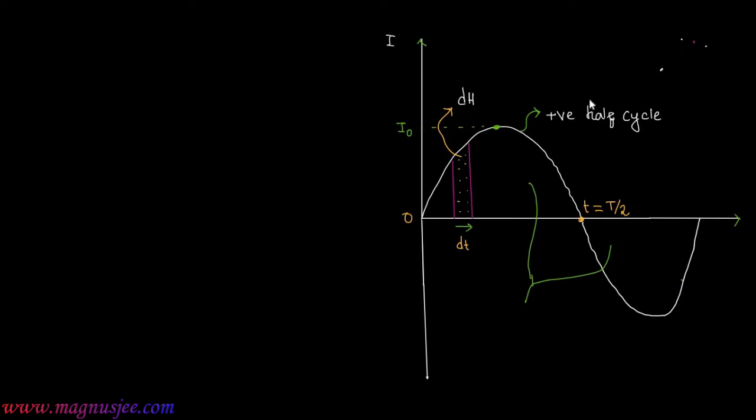Now we can consider that H is the total amount of heat energy produced by the resistance R in both the positive half cycle and the negative half cycle.